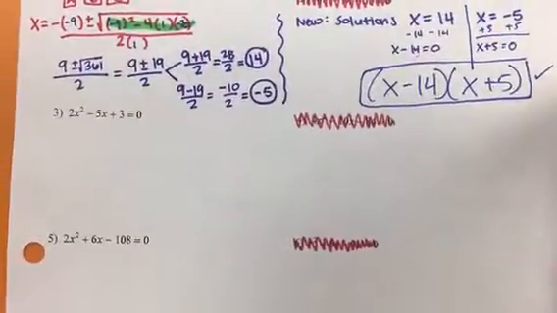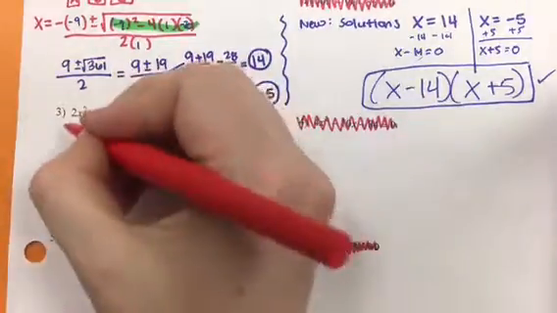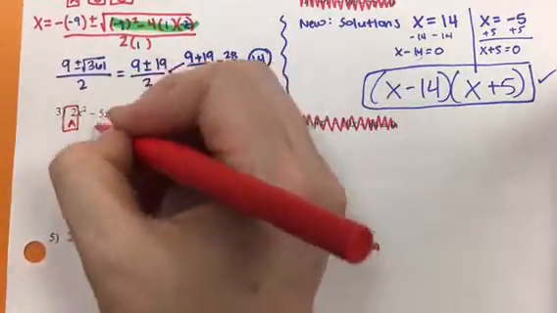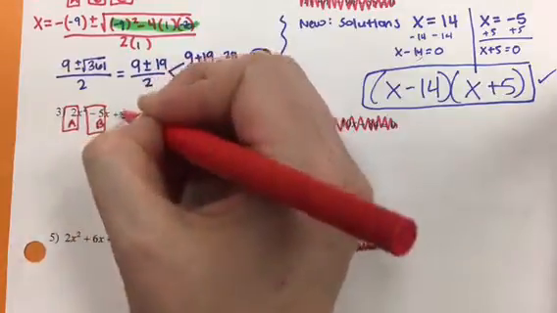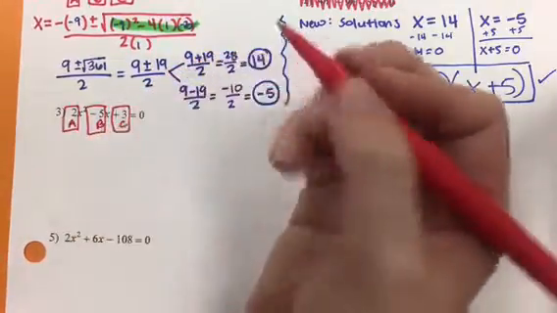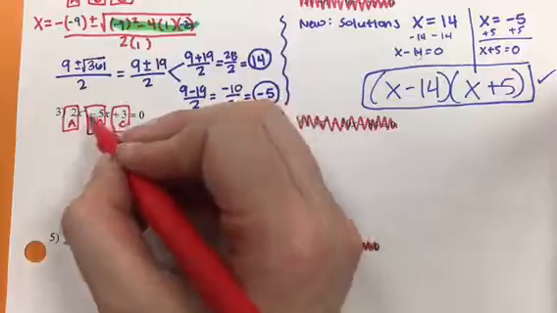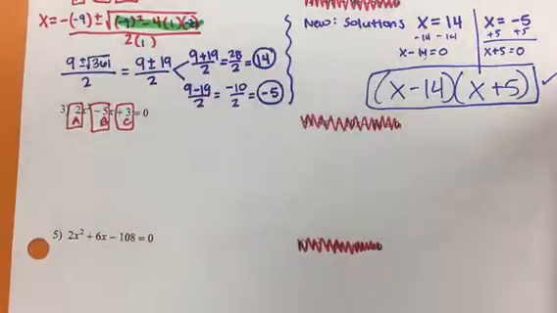Let's try it again. So we have our quadratic equation. We have a, b, c. Notice I'm keeping the signs with the number that's behind them.